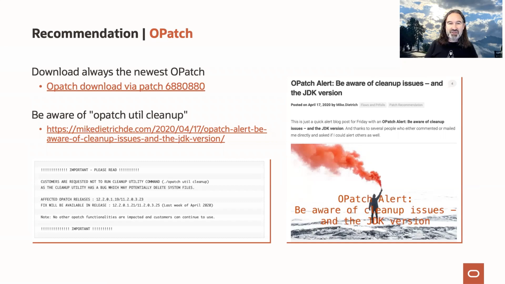When you ran opatch util cleanup, it cleaned or tried to clean also some OS libraries, because the remove command was not set correctly there. In a database home, this is not so harmful. In a grid infrastructure, this was brutally harmful, because there you run as root. And then the cleanup cleaned up OS files, and many of them, which is not cool, really not.